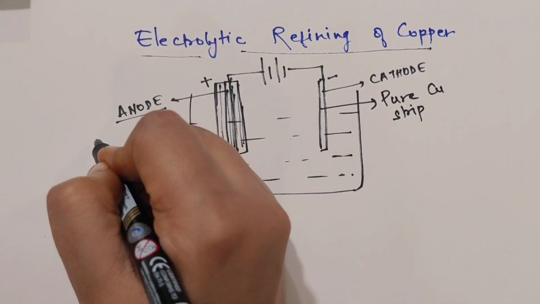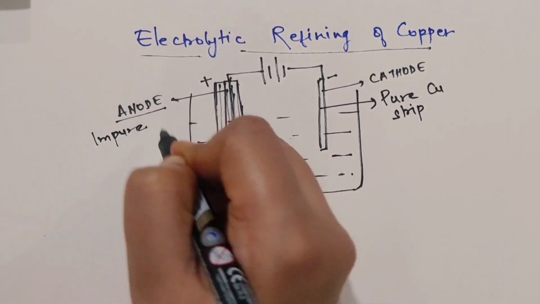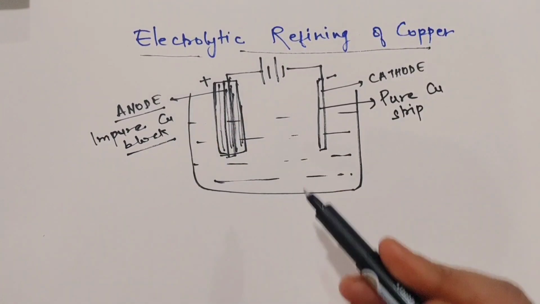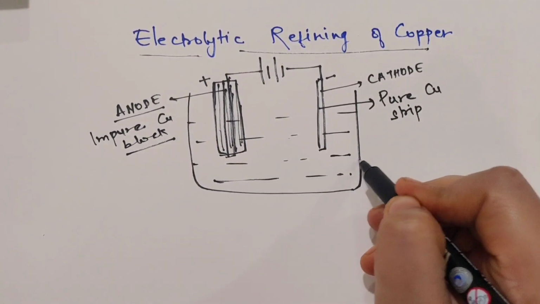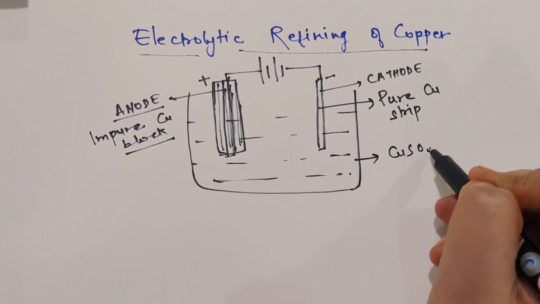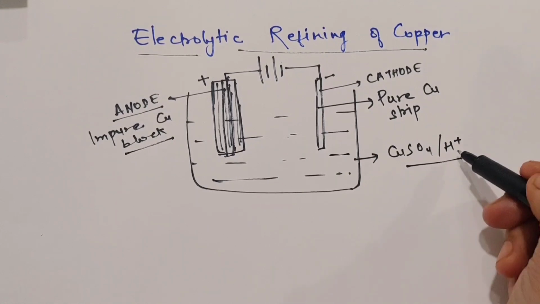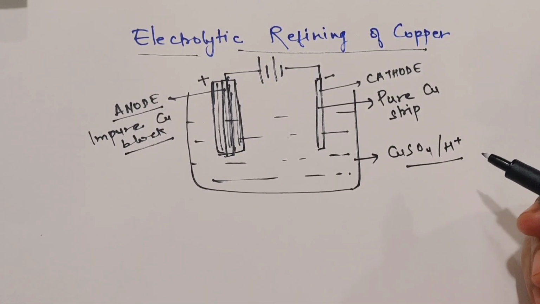This is impure copper block. The electrolyte is copper sulfate, acidified copper sulfate. It has a little bit of acid in it. Why? This acid would help in solubility of copper sulfate and also with the conductivity of copper sulfate.